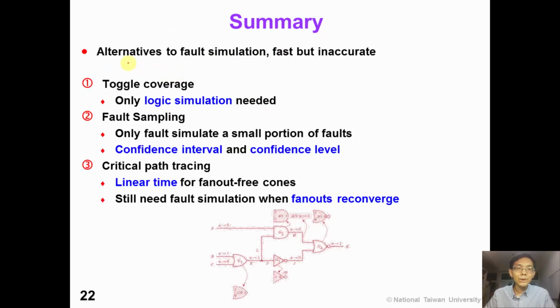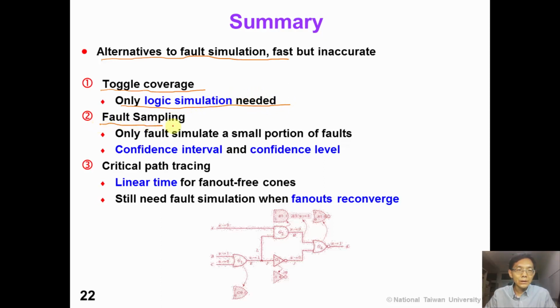So now, in summary, in this video we have shown three alternatives to fault simulation. They are fast, but they may not produce accurate results. Toggle coverage is very simple. It can be obtained by logic simulation, and there are two different definitions of toggle.